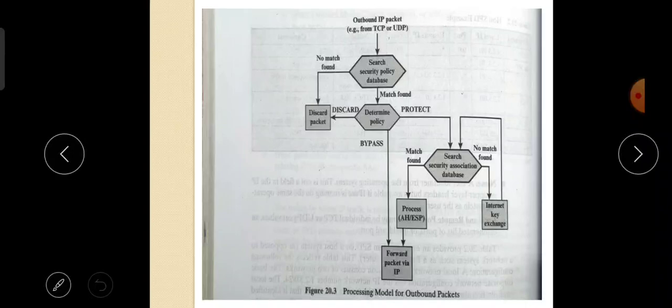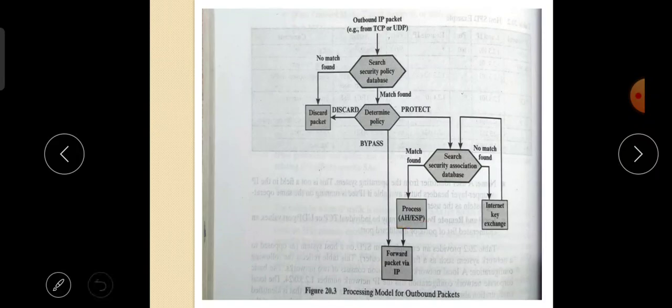Then, moving on to the fifth step: the matching entry in an SAD determines the processing of the packet. That is, if a match is found, then the packet is processed, and encryption, authentication, or both can be performed.